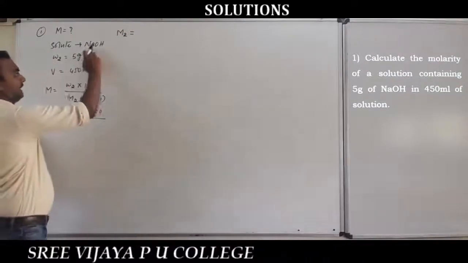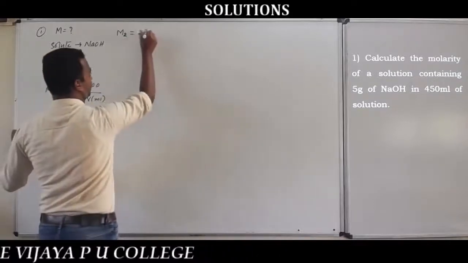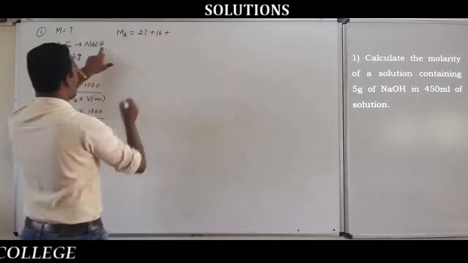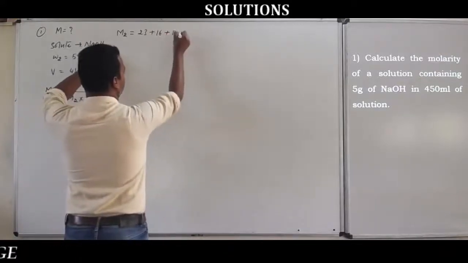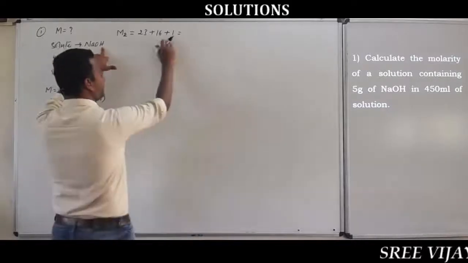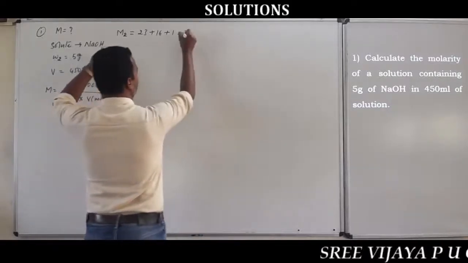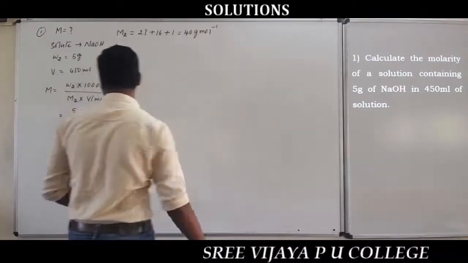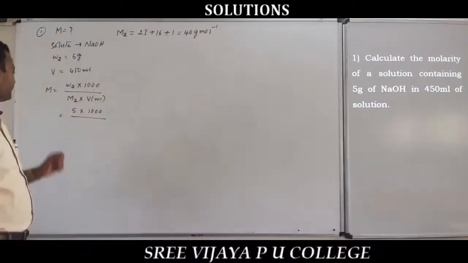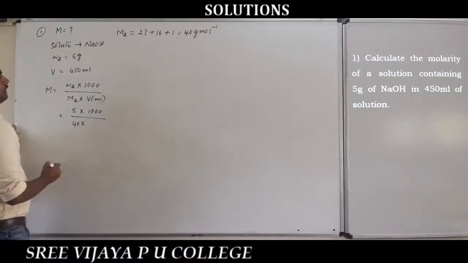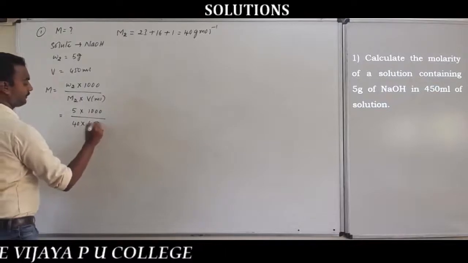That is Na, atomic mass is 23, plus oxygen, atomic mass is 16, plus hydrogen, atomic mass is 1. That is equal to 23 plus 16, that is 39, plus 1 is 40 gram per mole, the molar mass of solute. So molar mass of solute, that is 40 gram per mole, into volume of solution, that is 450 ml.